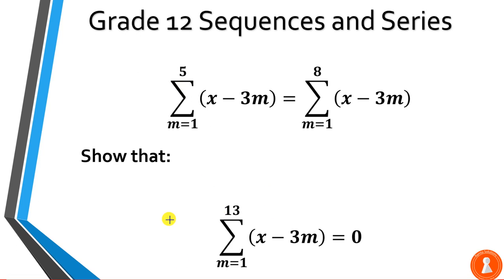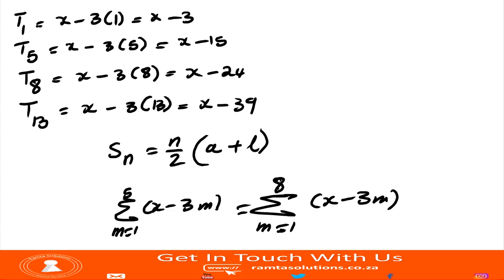Okay, but we haven't yet answered the question. Remember, we need to show that the sum of x minus 3m from m equals 1 to m equals 13 is equal to 0. We haven't yet shown this. Now let's proceed.